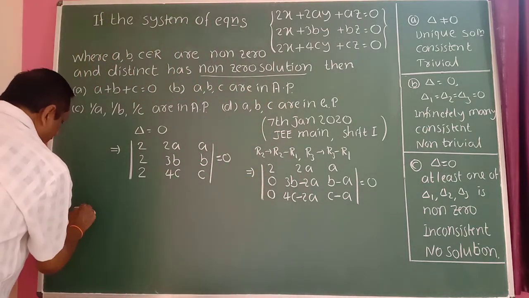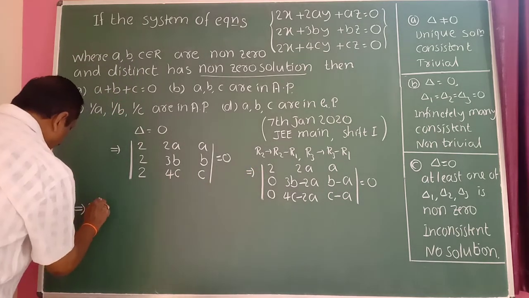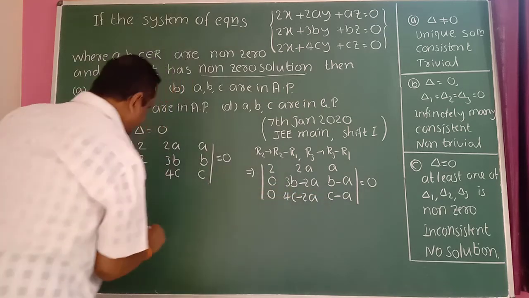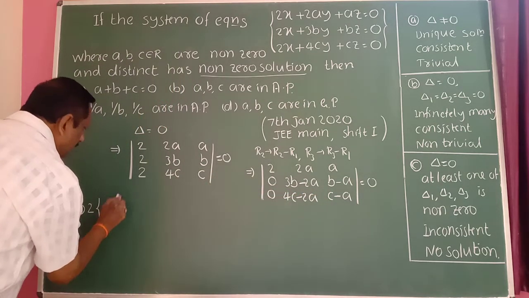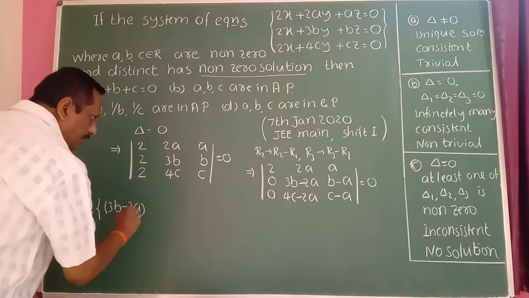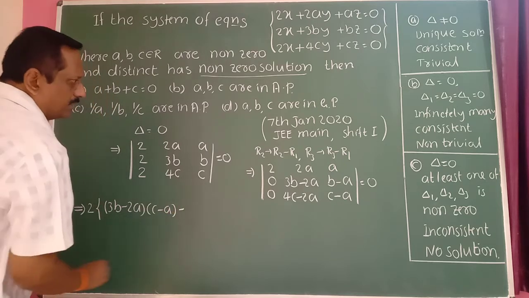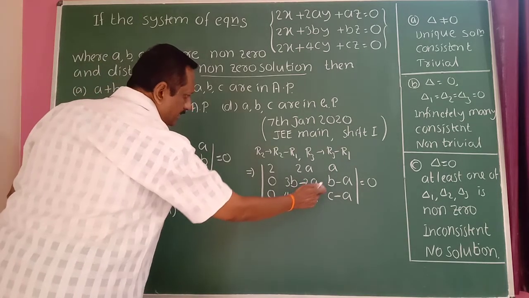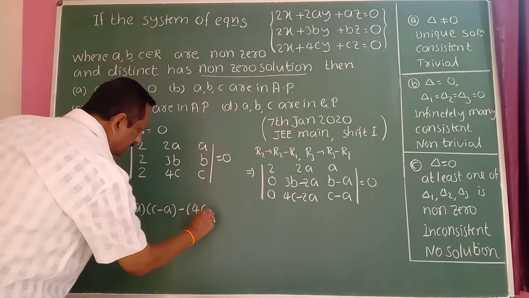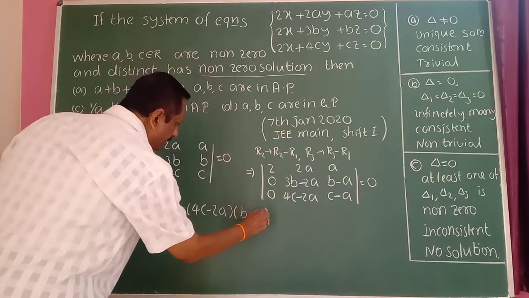So this implies 2 into (3b minus 2a) into (c minus a), minus, then this into this here: (4c minus 2a) into (b minus a).